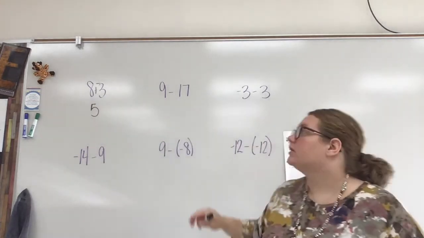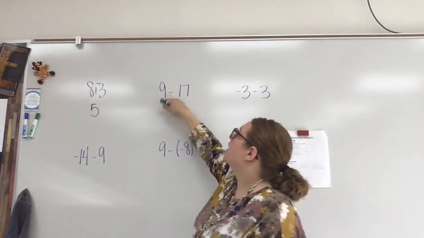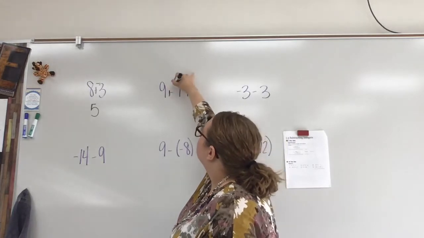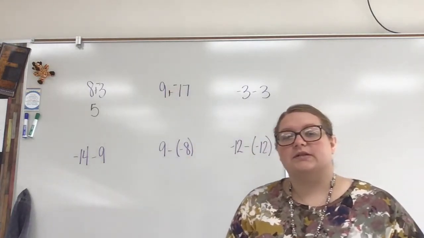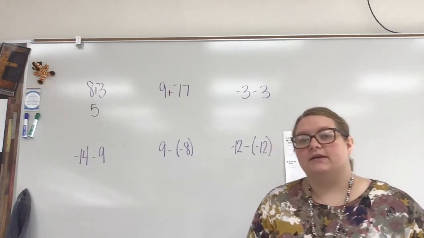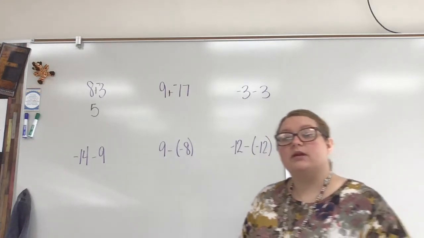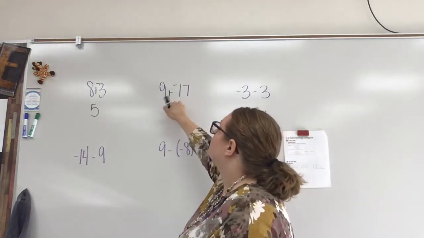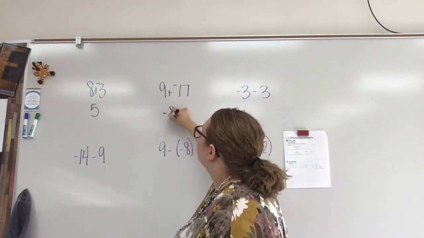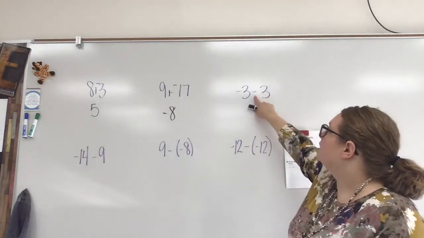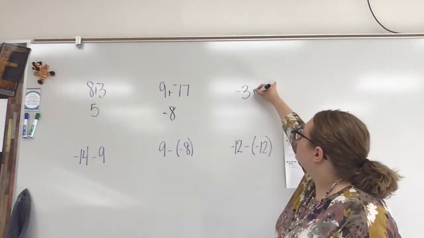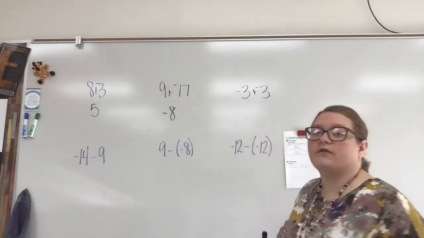Again, when we look at the second one, we change the subtraction to addition, change the sign of the following number. Again, these two have opposite signs, so we subtract. 17 take away 9 is 8, and we keep the sign of that larger number, which in this case would be a negative. On the third one, again, we change the subtraction to addition, change the sign of the following number.